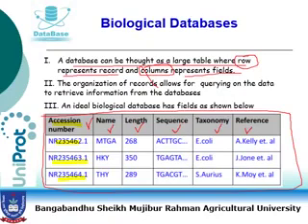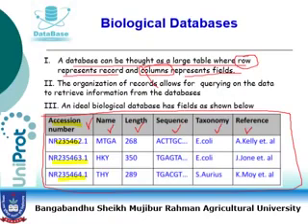The organization of records allows for querying the data to retrieve information from the database. Suppose someone developed a database, but they need specific information, then they can retrieve their desired information by applying a query.